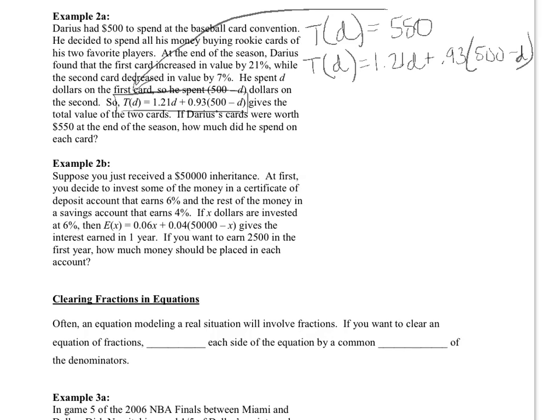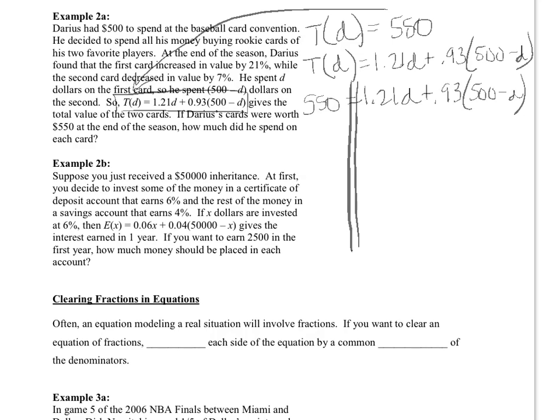We can plug in 550 for T of D, so we can say 550 equals 1.21 D plus 0.93 times (500 minus D). Now we can solve for D.